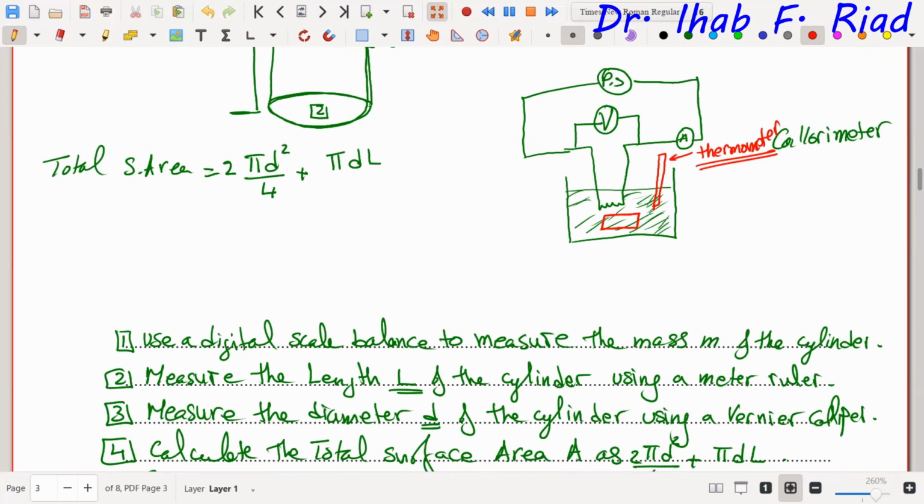What we do is we start heating up using this heating element for a time t, for example, half an hour. We let the current pass for half an hour.